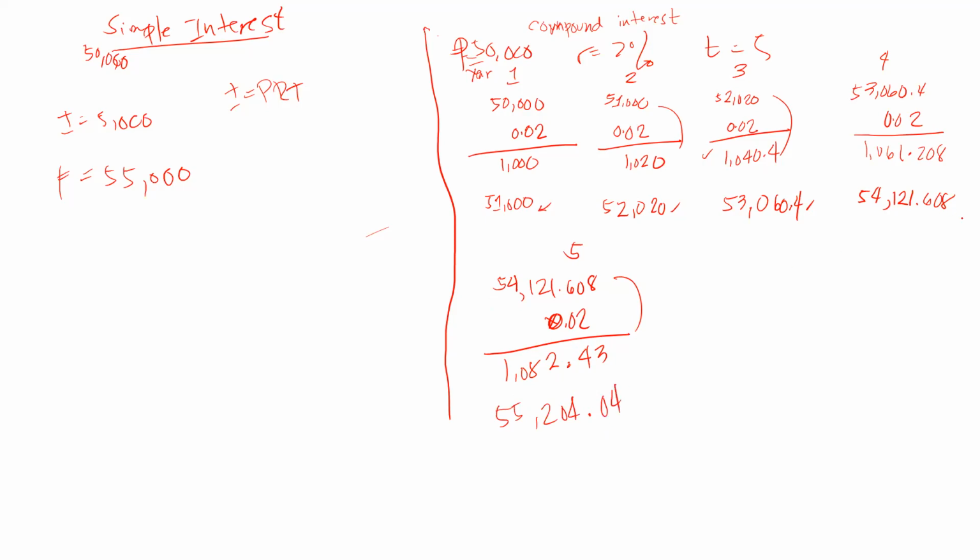Dapat pala, 2 decimal lang. Pag money, ang tigurunan, i-ano talang na duwang decimal value. So, 0.04 pesos. So, after 5 years, for compound interest, ang babayadan mo is 55,204.04.